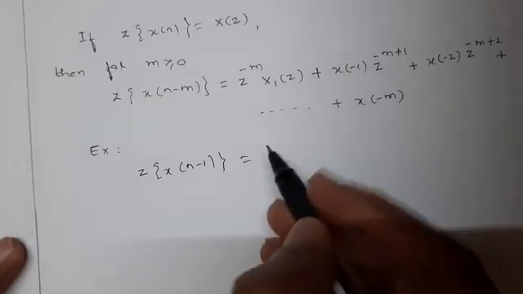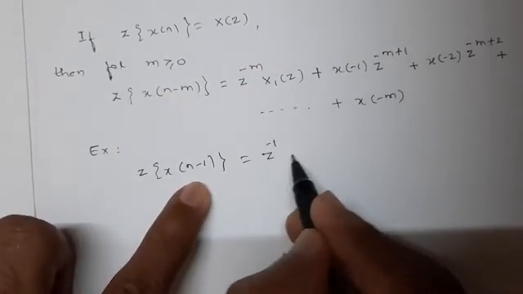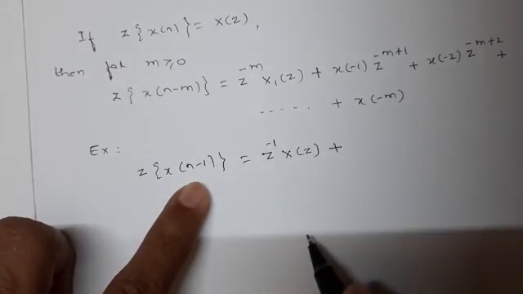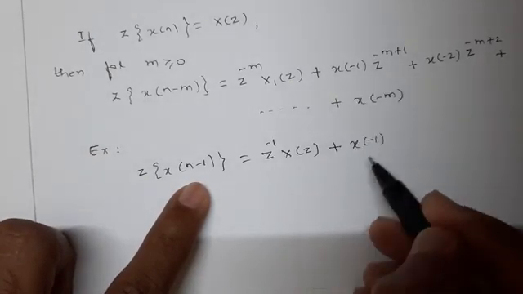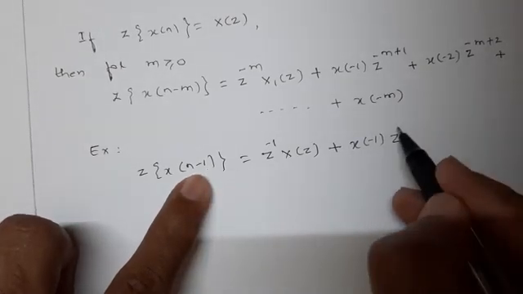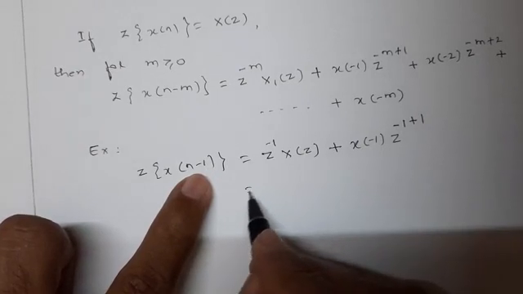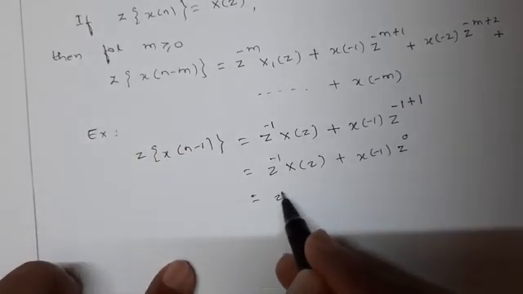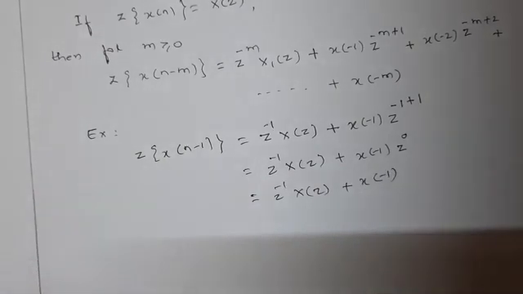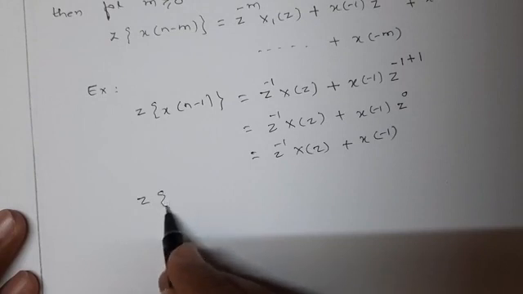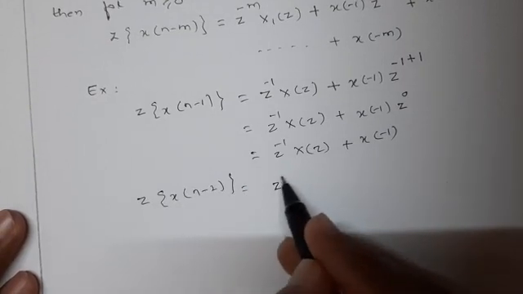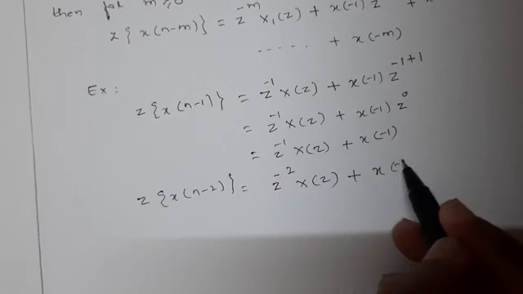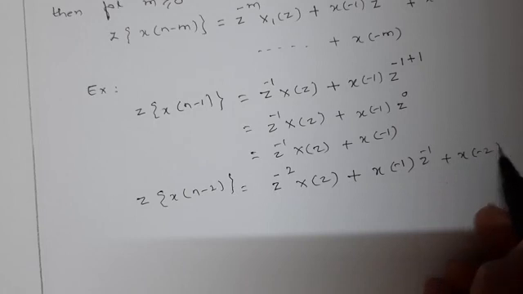The m value is 1, so it is z to the power minus 1 X1(z) plus x(minus 1) z to the power minus 1 plus 1, which is z to the power 0. So it equals z to the power minus 1 X(z) plus x(minus 1). Similarly, the Z transform of x(n minus 2) is z to the power minus 2 X(z) plus x(minus 1) z inverse plus x(minus 2).